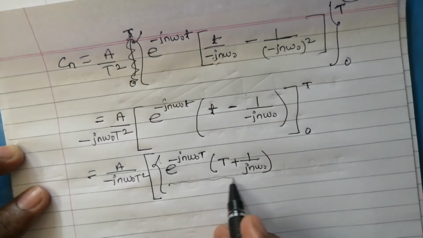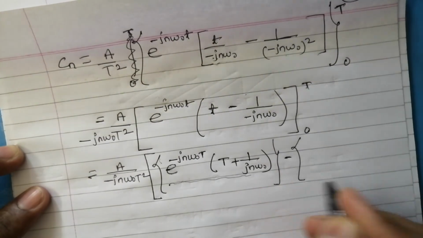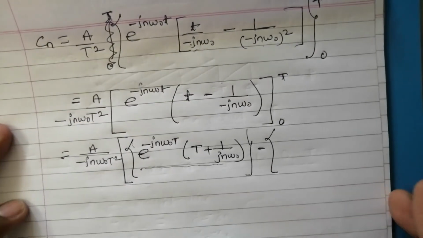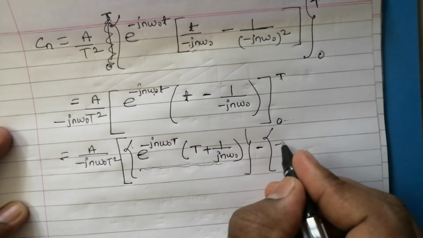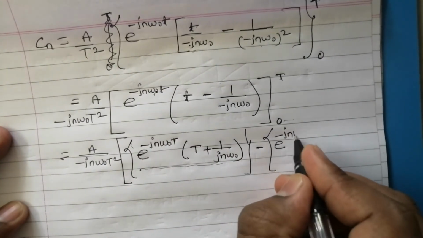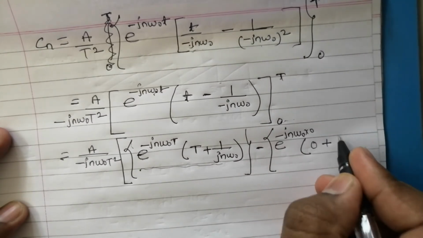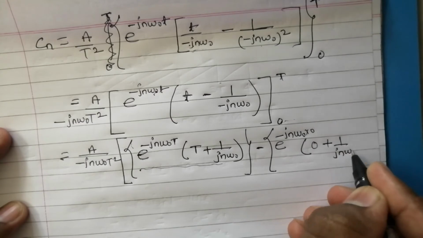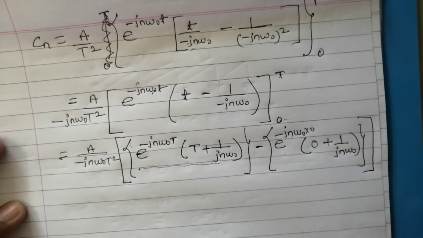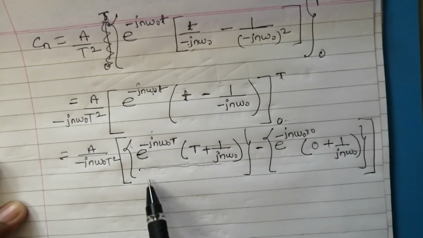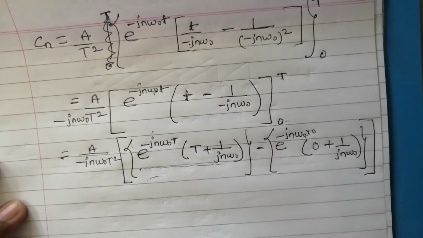So we have placed the upper limit, now minus the lower limit. At the place of t we place the lower limit, so e raised to power minus jn omega naught into 0, bracket 0 plus 1 upon jn omega naught. So this way we have placed the upper limit's part minus the lower limit's part, and then this whole bracket.